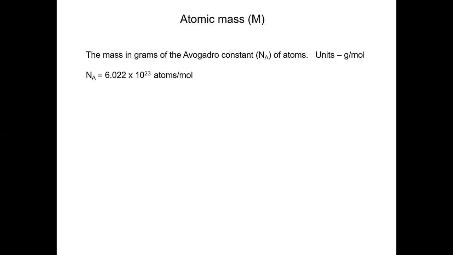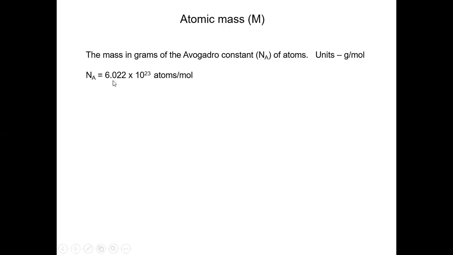So what is atomic mass? Because these things you will need when you go further in this course. Atomic mass, we use the symbol capital M to represent atomic mass. The mass in grams of the Avogadro constant of atoms. Avogadro constant means 6.022 times 10 to the power 23 atoms.